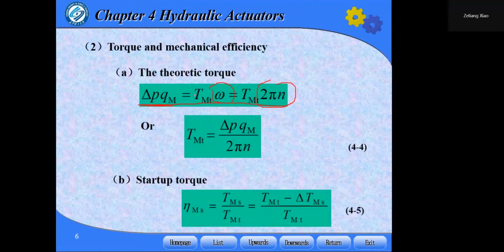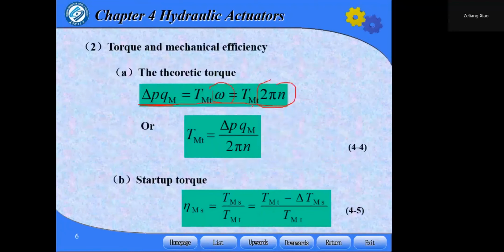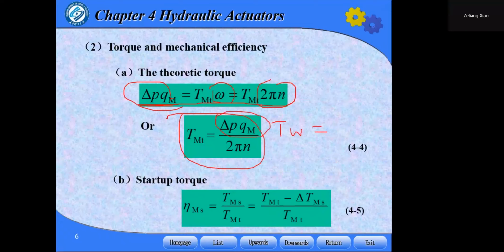The input power equals the output power, so we can get this one equals this one, and divide this one. So we can get the theoretical torque.